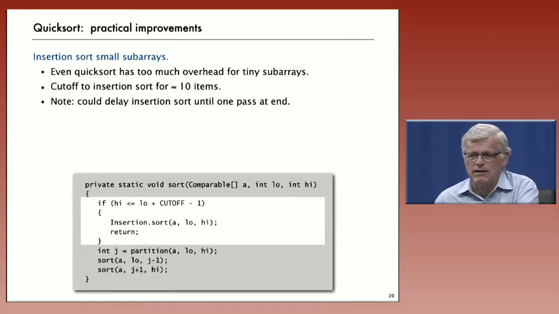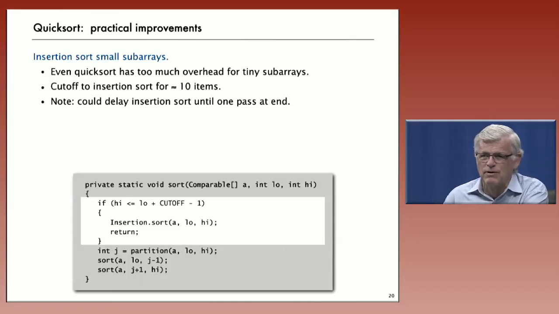So what about in practice? This is our fastest sorting algorithm, and there's a few ways to make it even faster. We looked at some similar things with merge sort, and it's definitely worthwhile implementing for Quicksort. First thing is small subarrays. Even Quicksort has more overhead than you want for a tiny array like one of size 2 or 3 or 4.